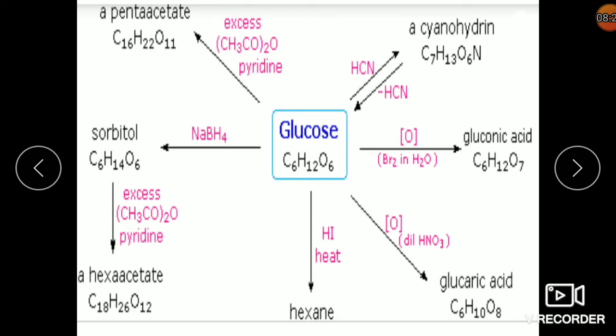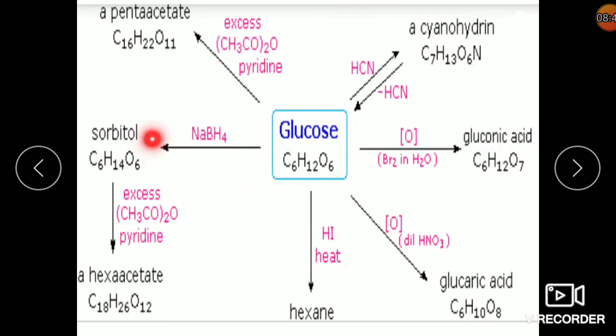Now, what is the importance of these reactions? They are very important because from this set of reactions we can derive the structure of glucose. Glucose is a big molecule, 6 carbon, 12 hydrogen, 6 oxygen, and the researchers were confused about what the structure of glucose would be.